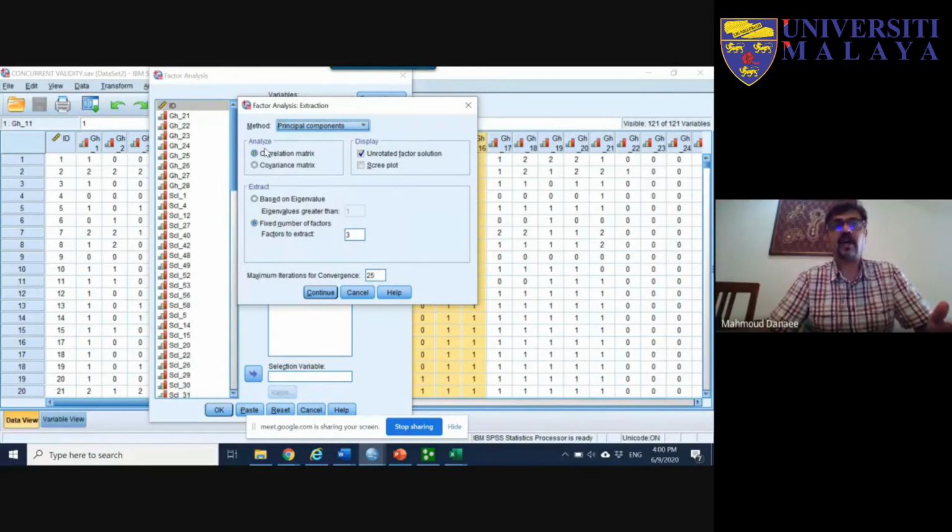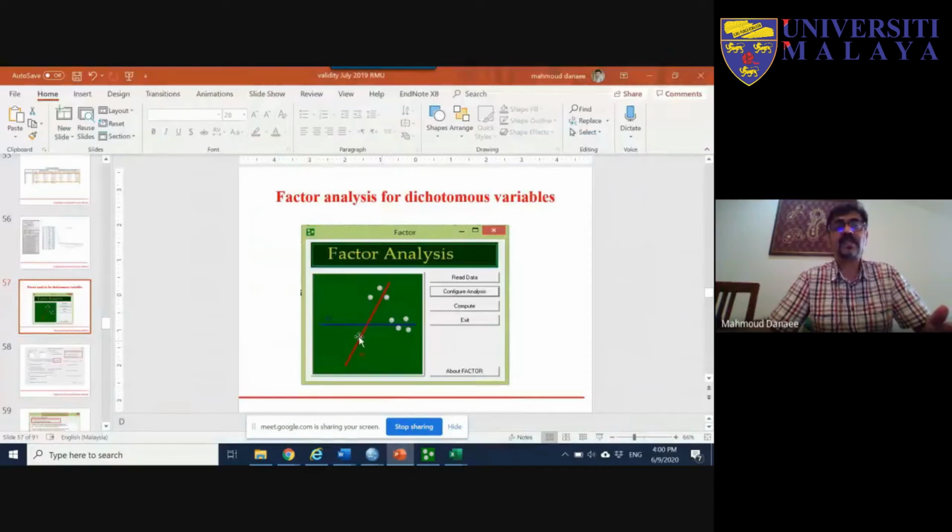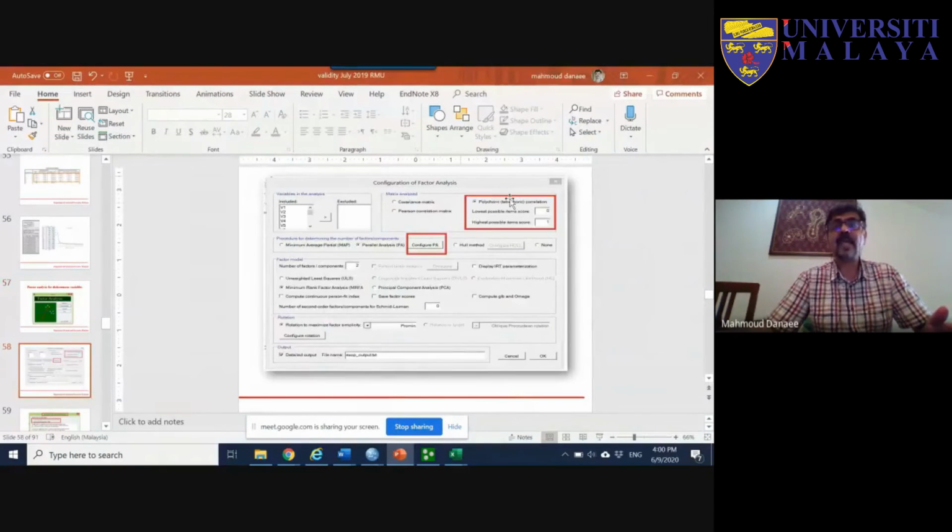Of course, there was no other option for us before, but right now this group of researchers and scientists developed this software, and using it you are able to do the factor analysis and parallel analysis concurrently. So you don't need to do the parallel analysis separately in another program. Everything is integrated in the same software.